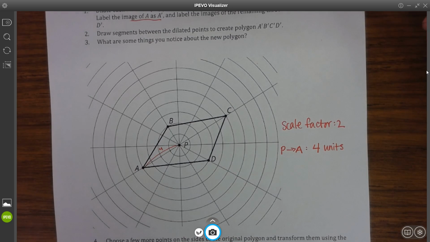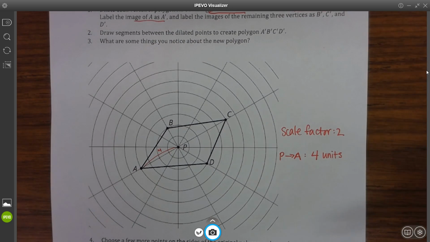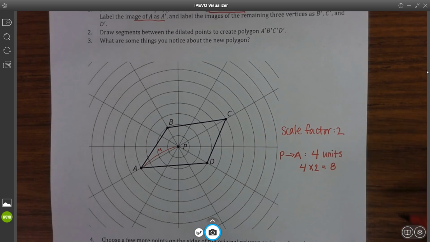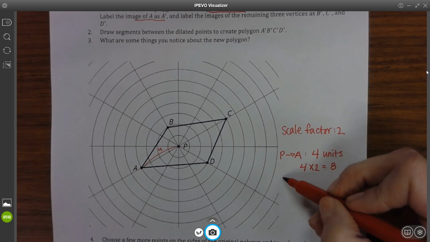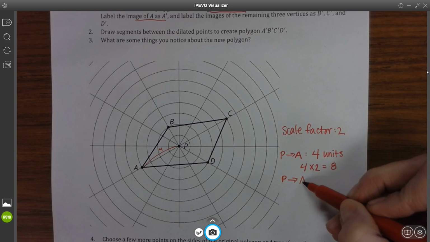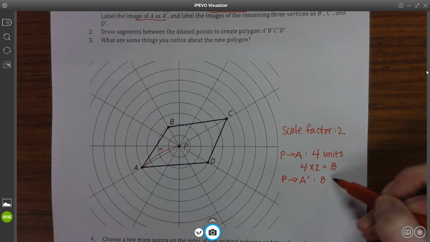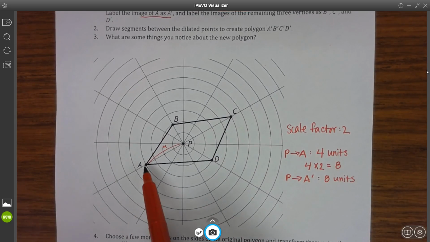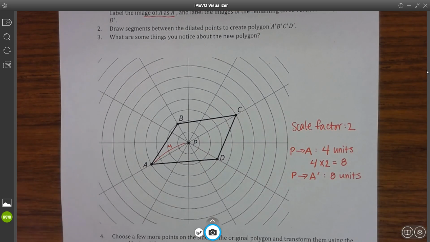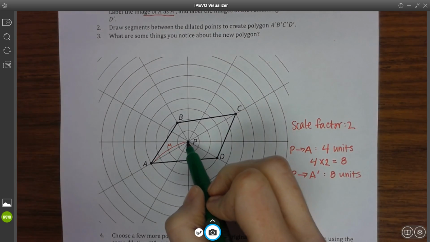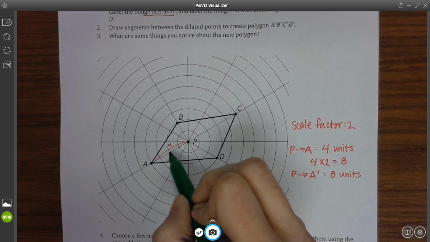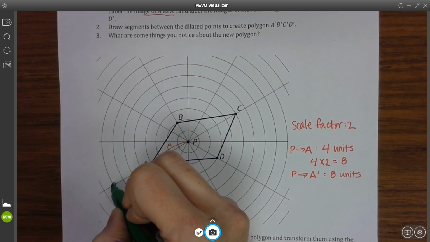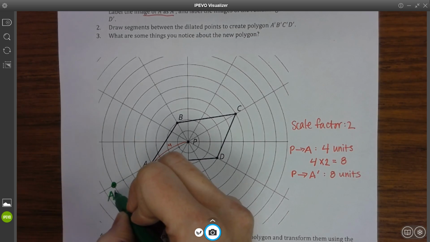So I take my original distance times the scale factor, and I get 8. So P to A prime is going to be 8 units. It's not 8 from A, it's 8 from P. So from P, I go 1, 2, 3, 4, 5, 6, 7, 8. And that's my A prime.